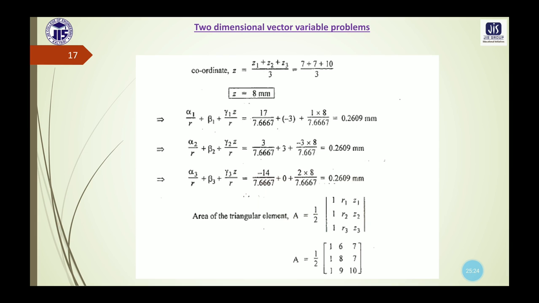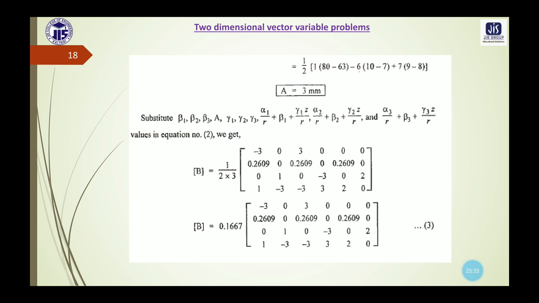In this 3 by 3 matrix we need to put the values of R1, R2, R3 and Z1, Z2, Z3. Putting the necessary values, we have calculated the area of this triangular element as 3 millimeter square. There may be some printing mistake, the unit will be millimeter square because this is the area of the triangular element.